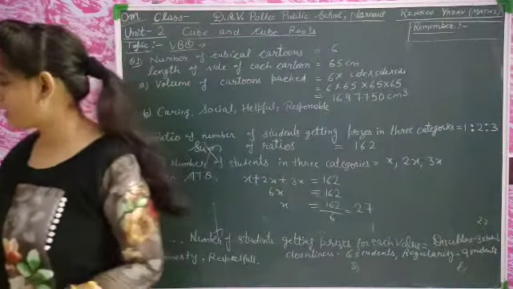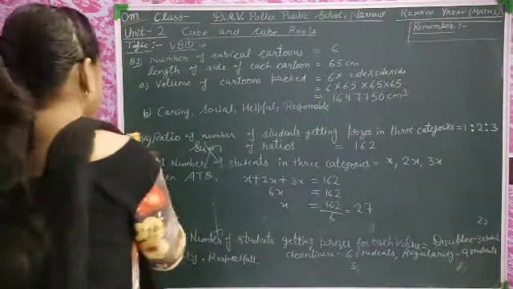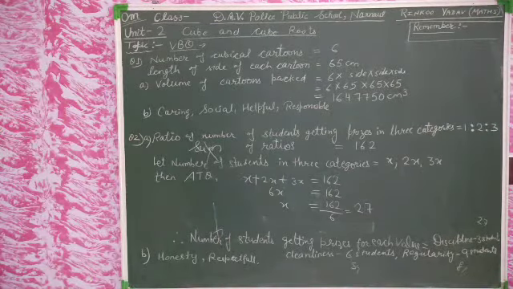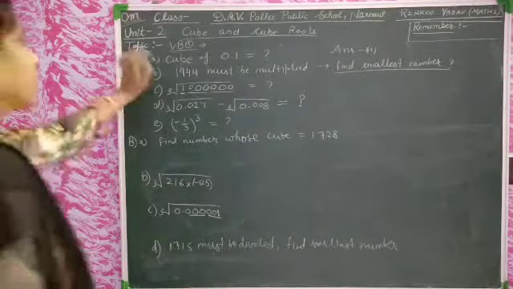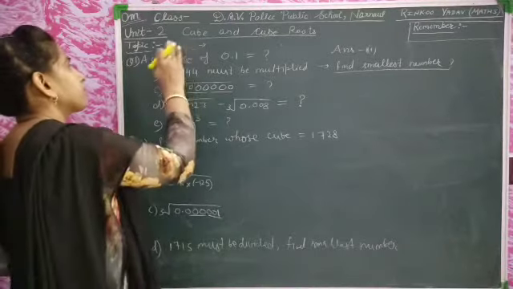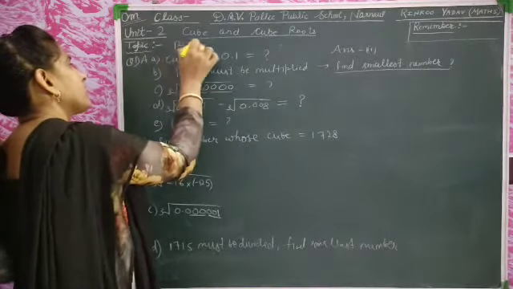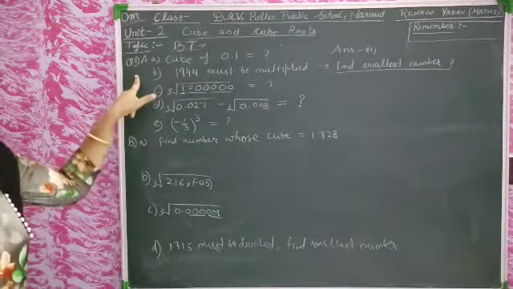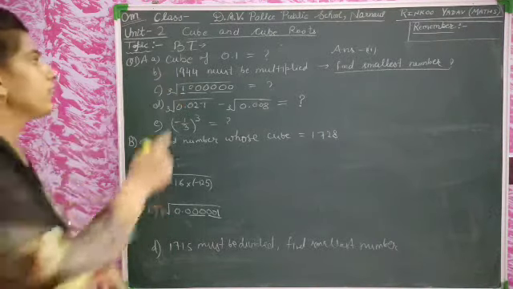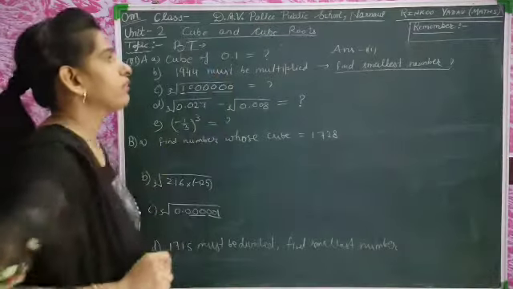Now we will go to the next question. Now students, there is the question A. This is the BT, brain teachers exercise, question number A, its small part A. Cube of 0.1.